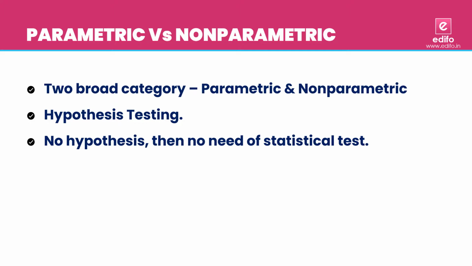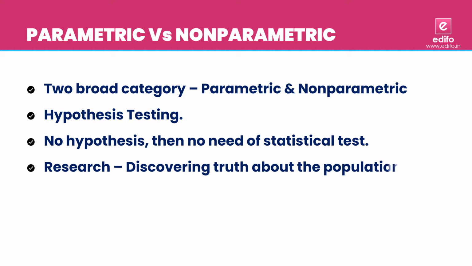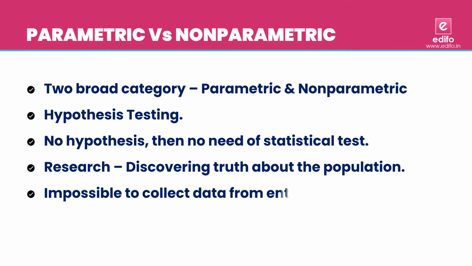We are all conducting research with an aim or a goal, that is to discover some truth about the population and what is the effect of an intervention on that population. It is usually impossible to collect data from all individuals of interest in a population.